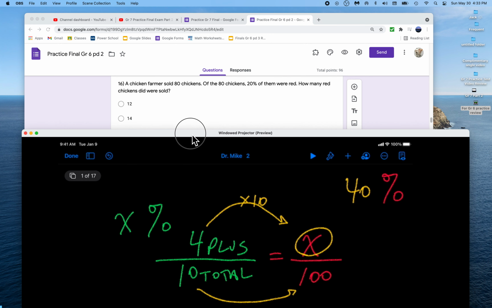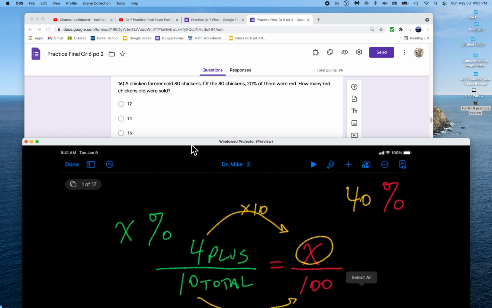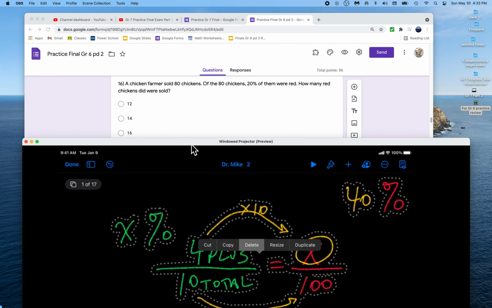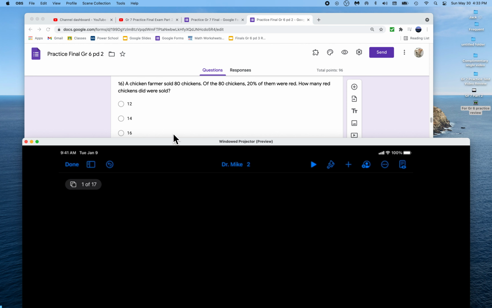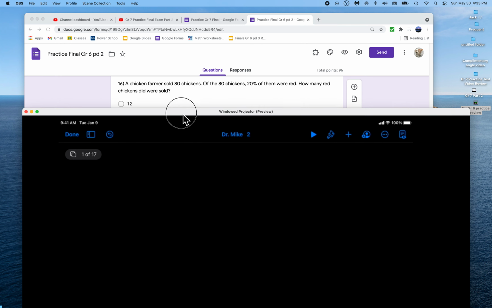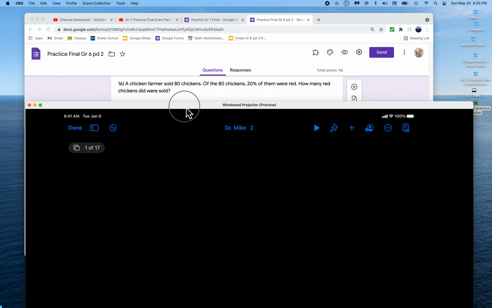Okay, here we go. This is a word problem. Word problems, it's important to take notes as you go. I do it a sentence at a time. Sometimes I'll do it half a sentence at a time. Okay, a chicken farm has sold 80 chickens. Okay, so we have 80 chickens.